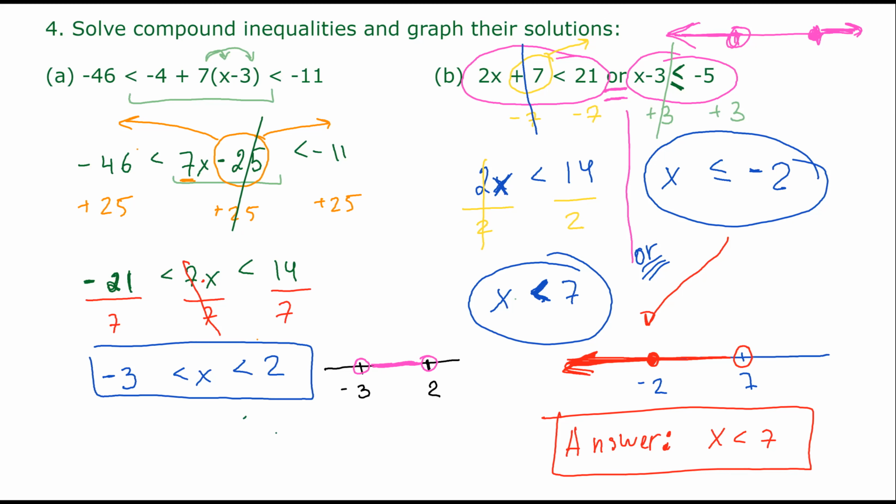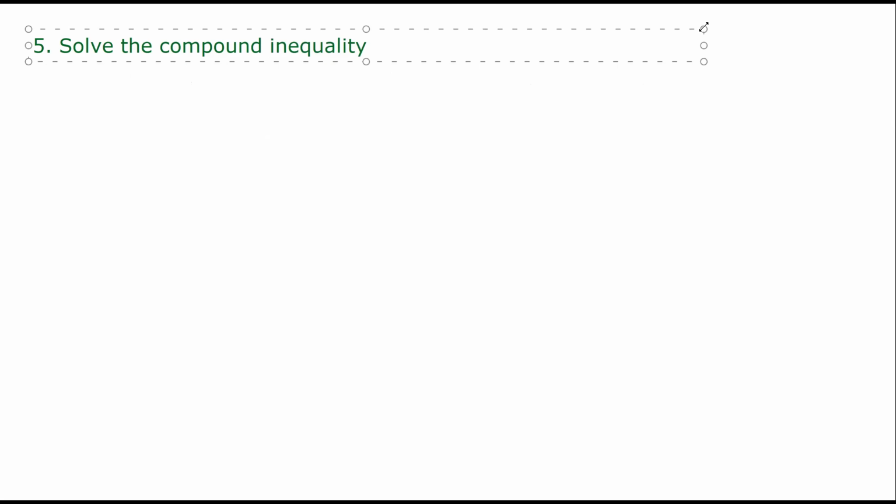So I'll clear all the drawings up and then let me put it up. So it will be number 5, right? Solve the compound inequality. The only thing I have with them is they have a fraction, but it's an easy fraction. And graph its solution.